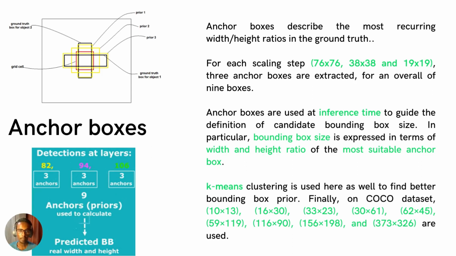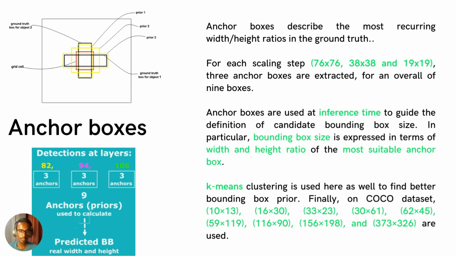And for each scaling step where we're performing the detections at 76, 38, and 19, 3 anchor boxes will be extracted for an overall of 9 boxes. So at the 3 different stages, we're going to have 3 anchor boxes, and in total, we're going to have 9 anchor boxes.